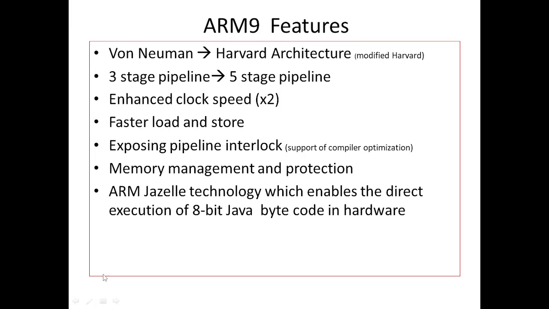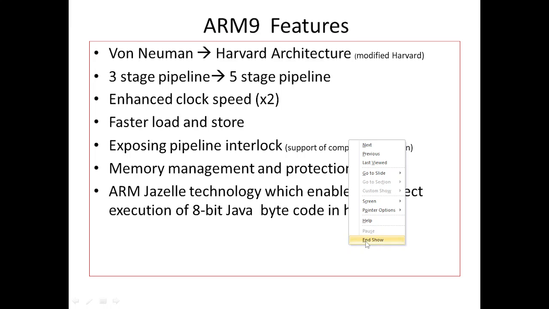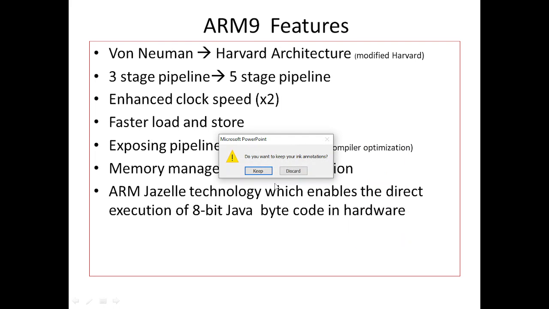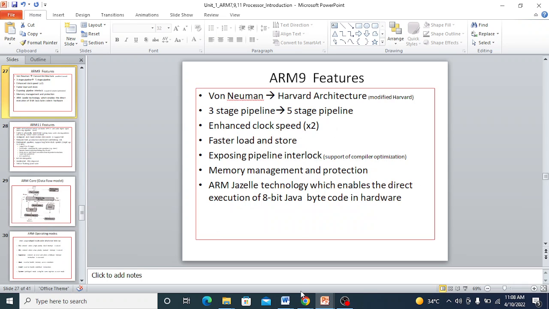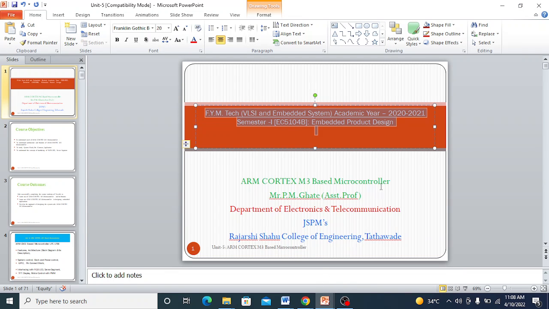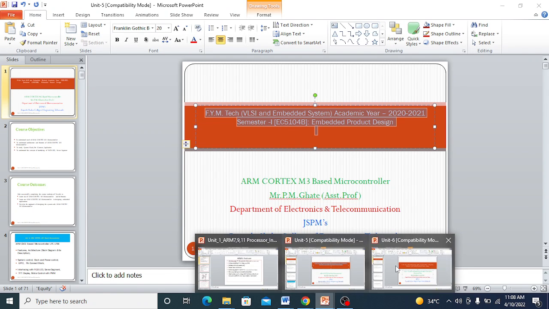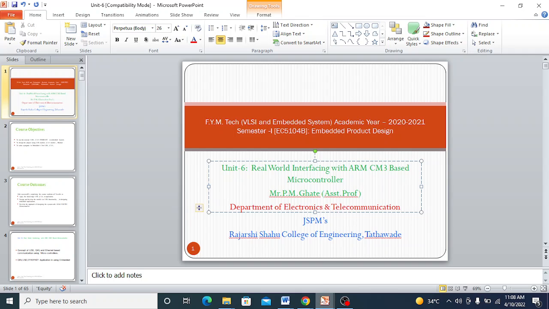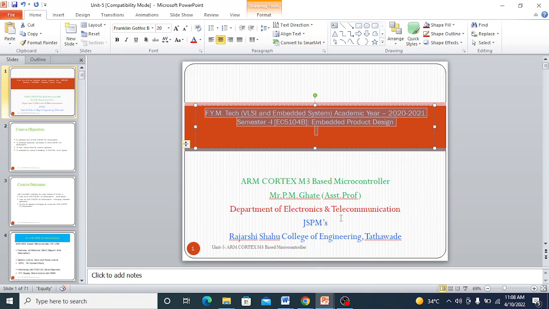Now I hope that you understood the information related to the ARM. Now we have the actual discussion on ARM Cortex. So what is ARM Cortex? We have two types of discussion.